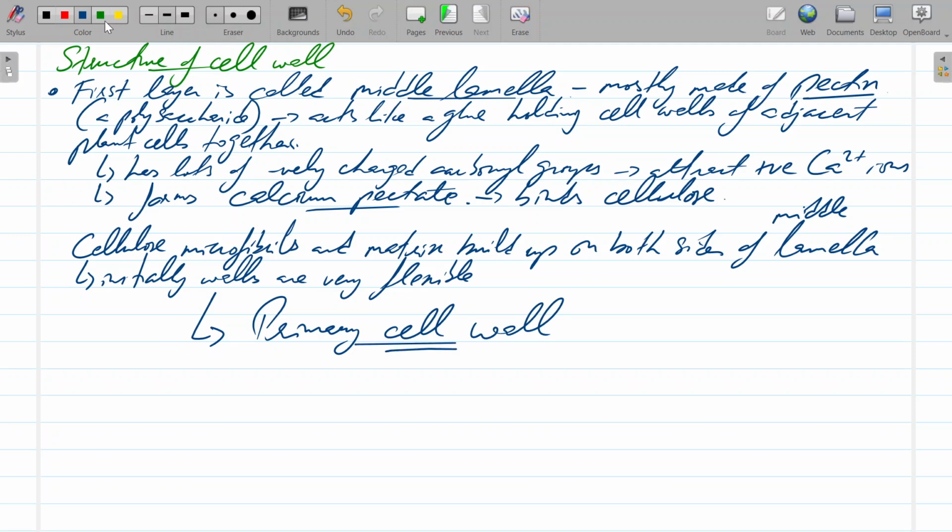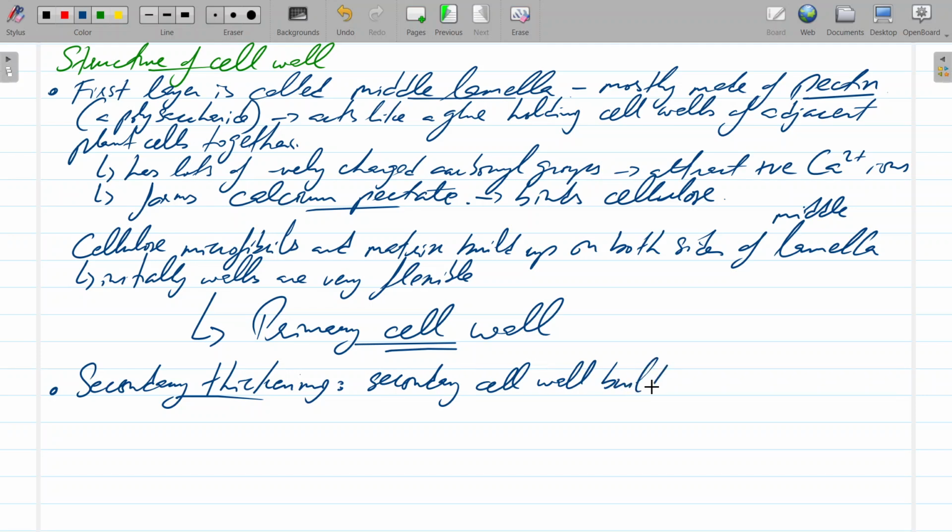Now, what happens next is a secondary thickening, as the plant ages. And so a secondary cell wall builds up. With the cellulose microfibrils, over here, all the cellulose microfibrils, right, were in the same direction. And that gave flexibility.